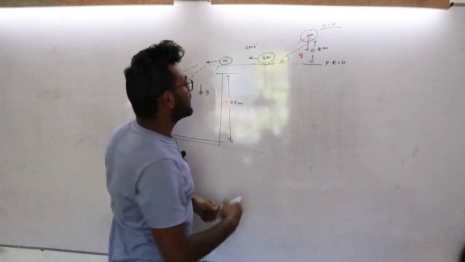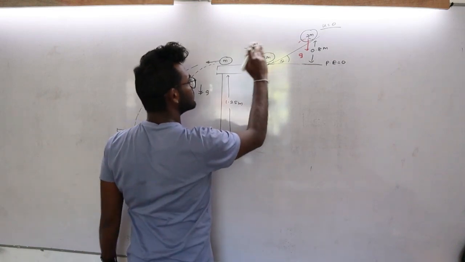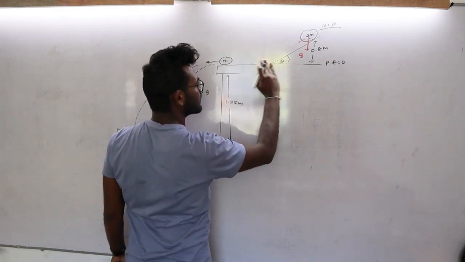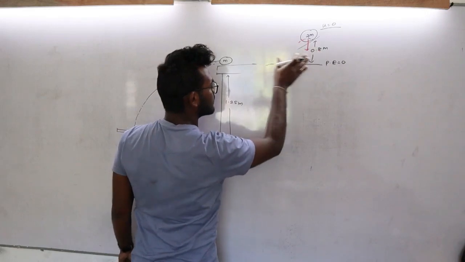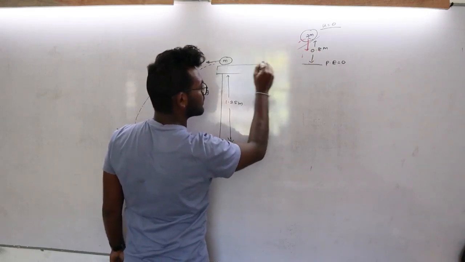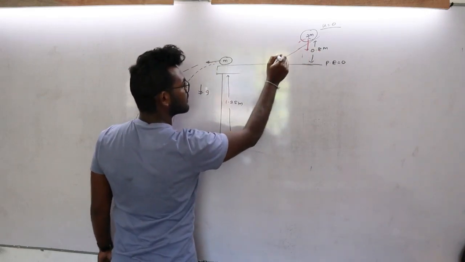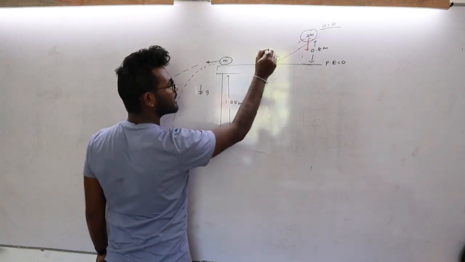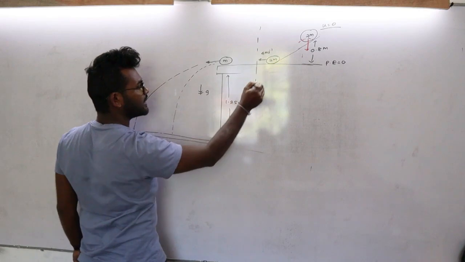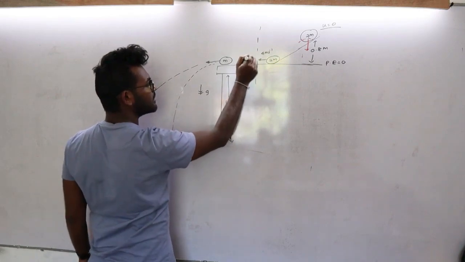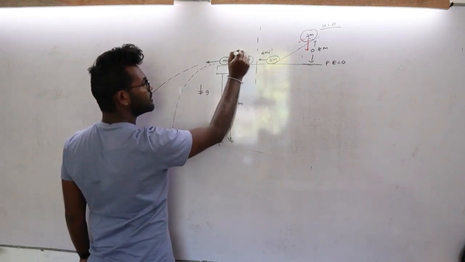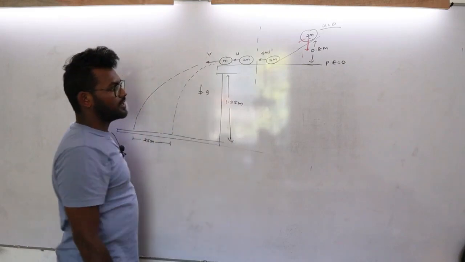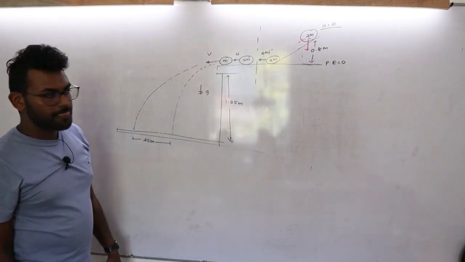Let's say after the collision, 2m, this is having 4 meters per second, but let's say after the collision, this is having u and this is having v. Let's say like that, right?